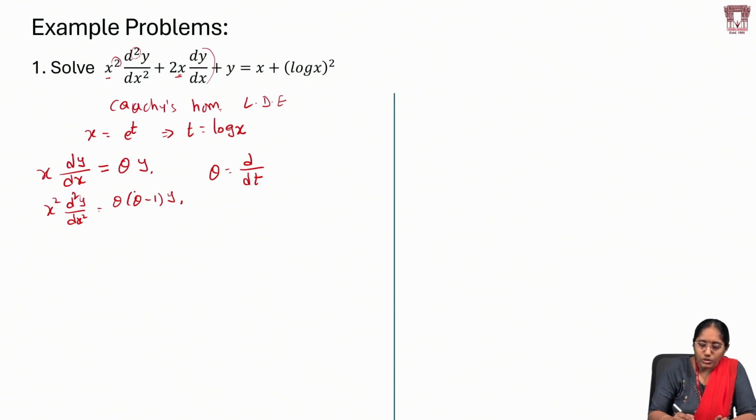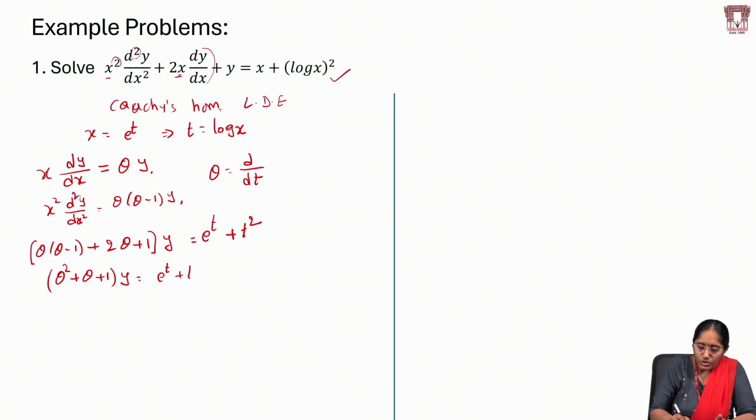Now substitute all these values in the given differential equation, that is theta into theta minus 1 plus 2 into theta plus 1, here I am taking y as common, is equal to, replace x as e power t, and log x is replaced with t, that's t square. Now simplifying, you will get theta square plus theta plus 1 whole into y is equal to e power t plus t square.